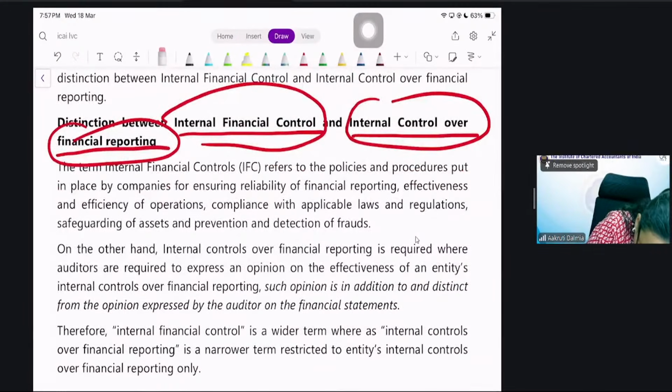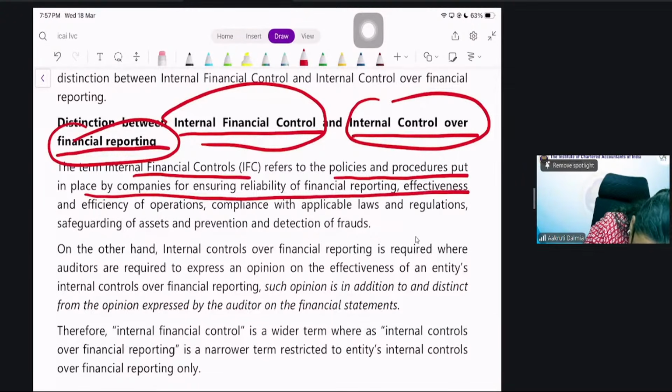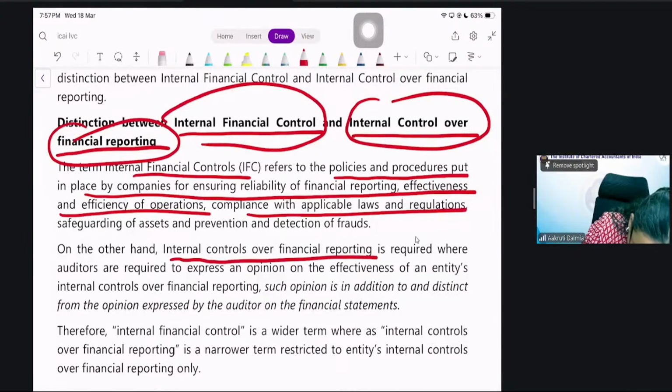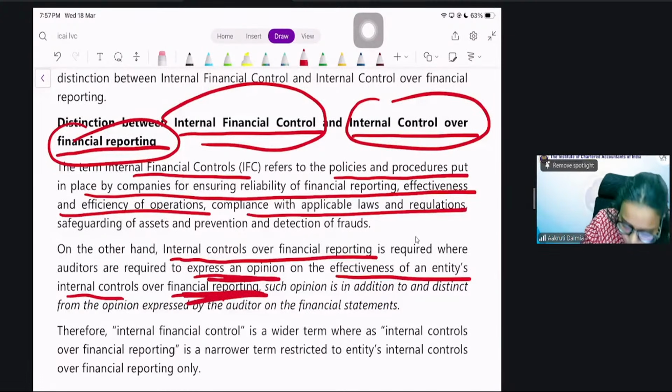Internal financial control means policies and procedures put in place by companies for ensuring overall reliability of financial control, effectiveness of operations, compliance with law, everything. But internal control over financial reporting is required where auditors are required to express an opinion on the effectiveness of entities' internal control over only financial reporting.